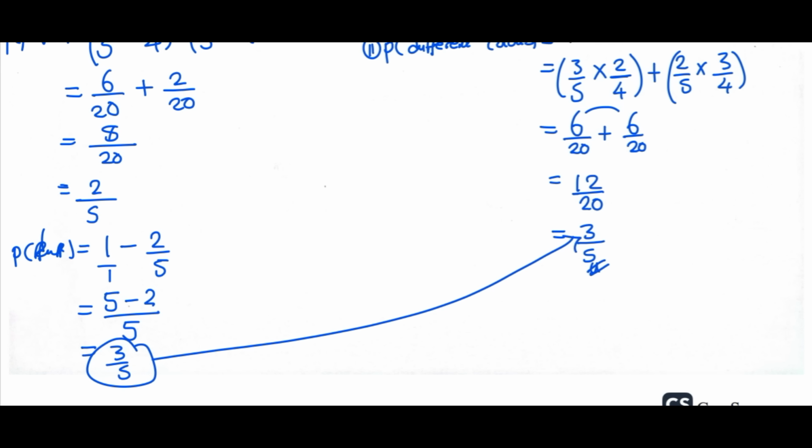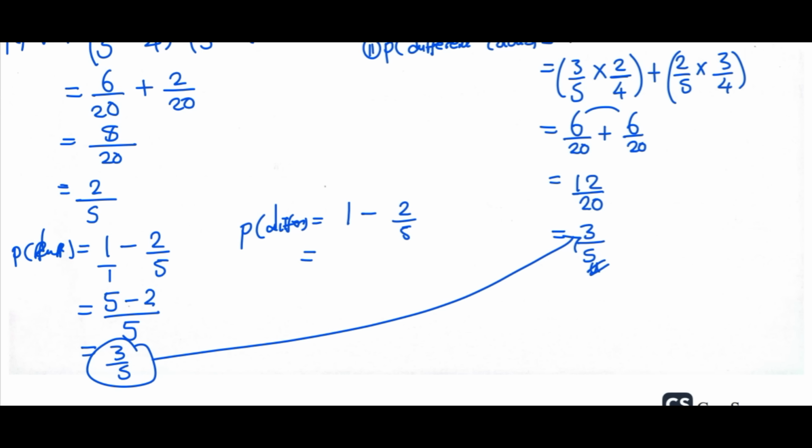Then there is another method for those people that may find it difficult to simplify fractions, so I want to share it with you. The concept we know is the probability of different is 1 minus 2 over 5. So what are we supposed to do? Let me show you.